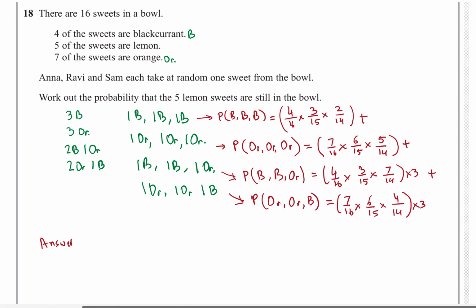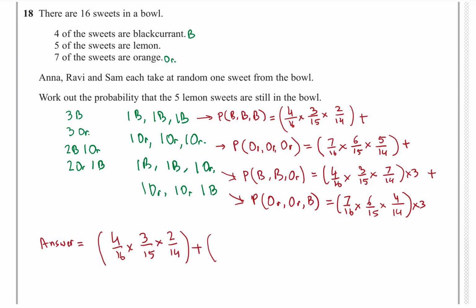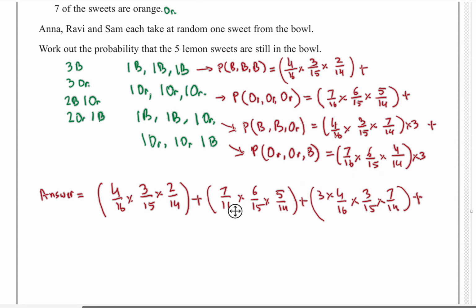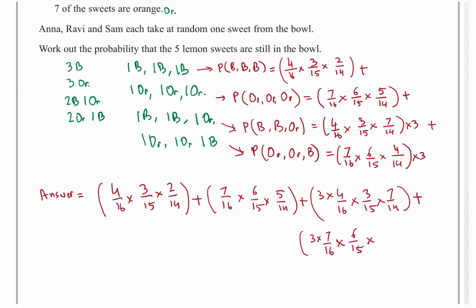So I can write the answer is equal to 4 over 16 times 3 over 15 times 2 over 14, plus 7 over 16 times 6 over 15 times 5 over 14, plus 3 times 4 over 16 times 3 over 15 times 7 over 14, and then plus the final bit, that is 3 times 7 over 16 multiplied by 6 over 15 multiplied by 4 over 14.